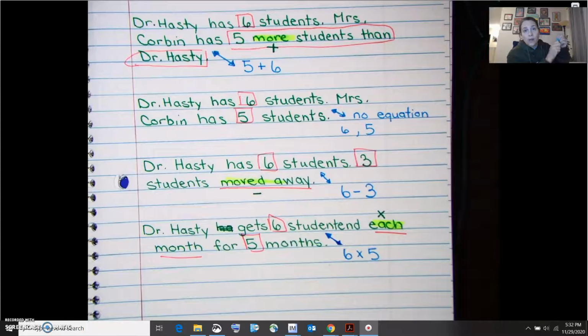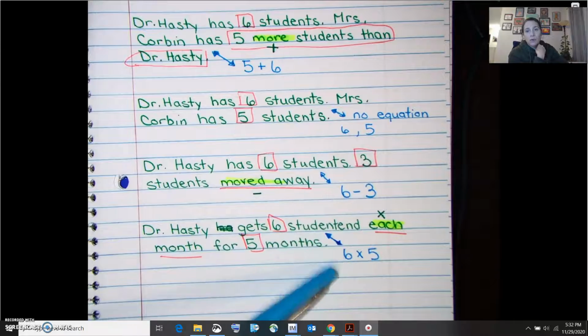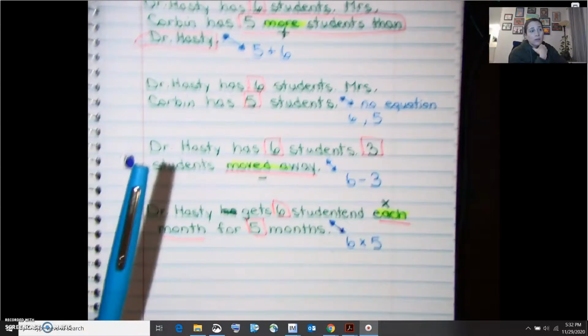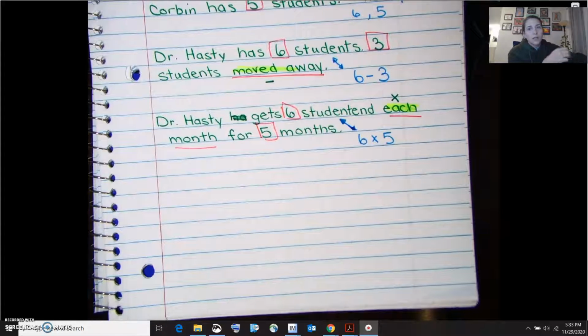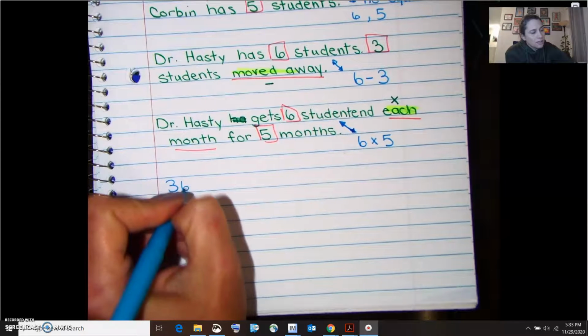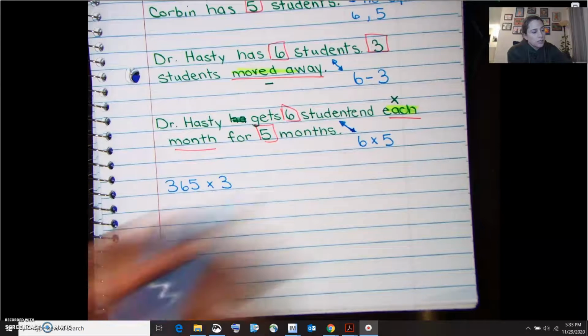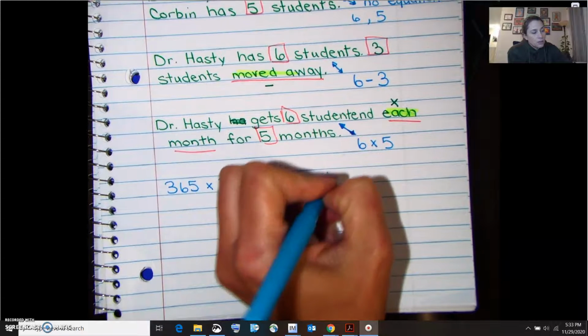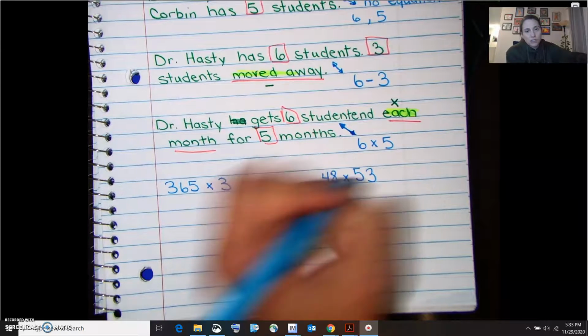So we're going to be practicing doing this today, where we take a statement and write the equation that goes with it. The other thing that we are going to be practicing is our area model. We are going to have to be able to multiply a 3-digit, 365 times 3, a 1-digit, and then a 2-digit times a 2-digit.